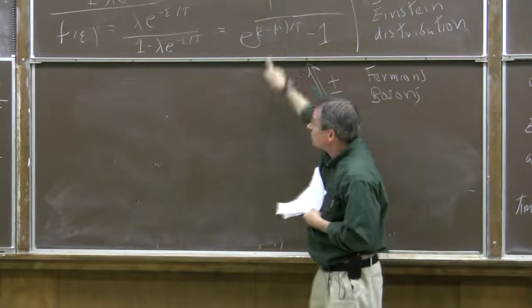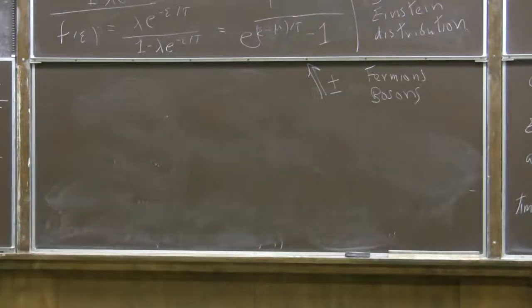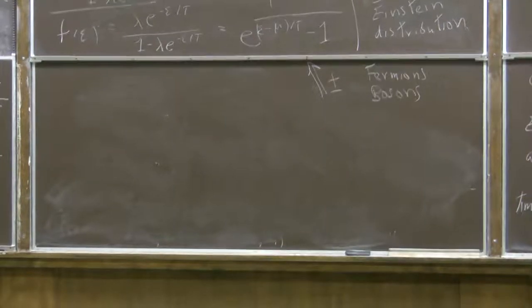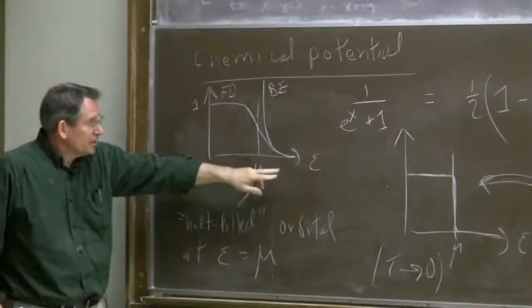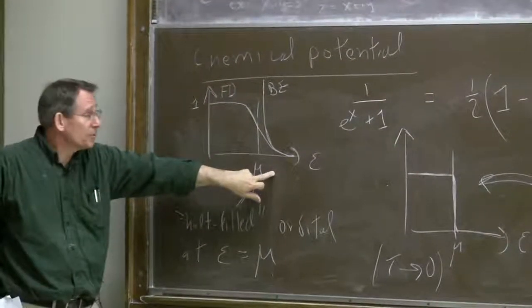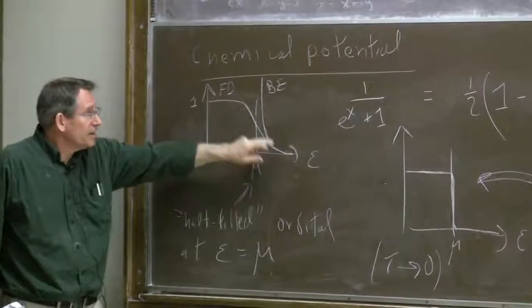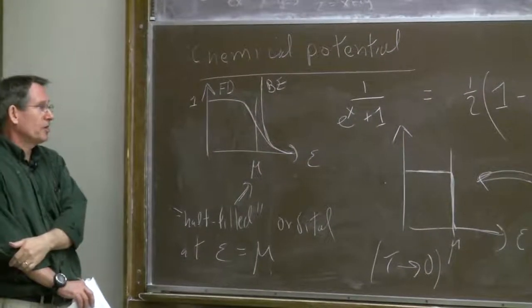And when the exponential gets really big, since the exponential is in the denominator, the distribution, whether it's Fermi-Dirac or Bose-Einstein, is decaying exponentially as the energy increases. But in the case of Bose-Einstein, as the energy approaches the chemical potential, it starts to take off. So Bose-Einstein and Fermi-Dirac deviate from one another substantially when the energy becomes comparable to the chemical potential, though when the energy is high, they track one another closely.